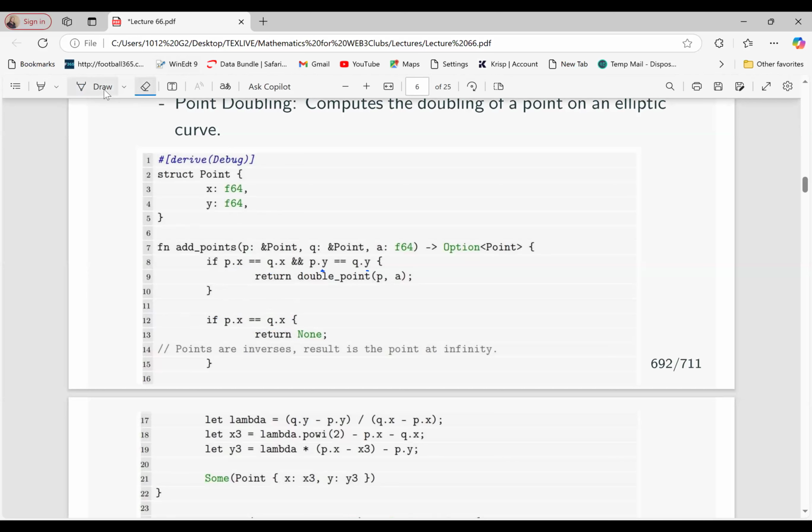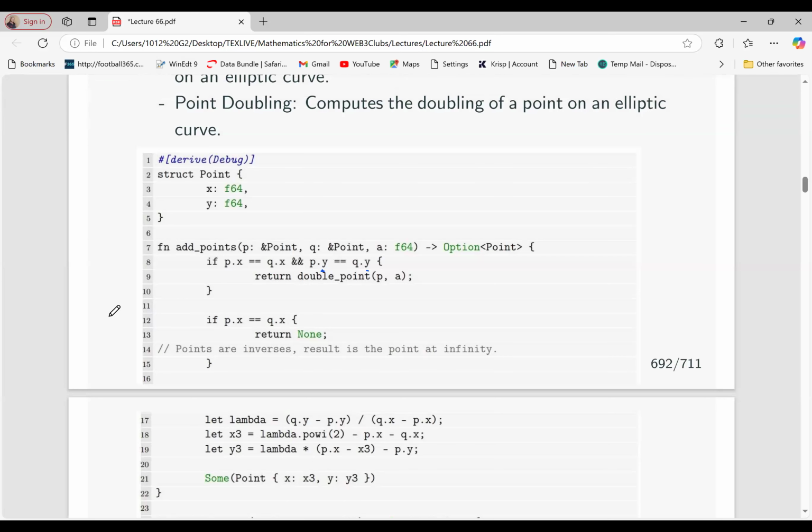Now, what happens? For instance, let's look at an example. Just before we go on with this, what about if I have this, and then I have this? You see, this is not the same point, and they don't lie on the same vertical line.